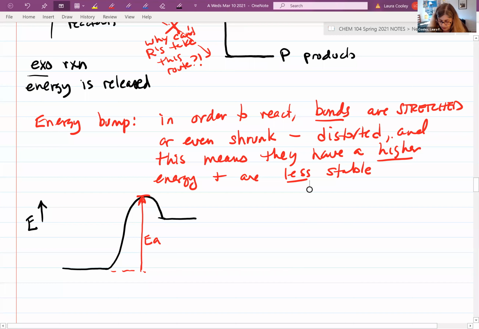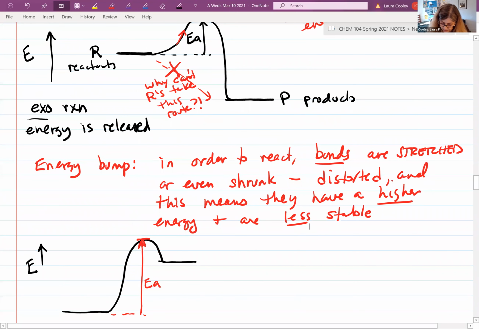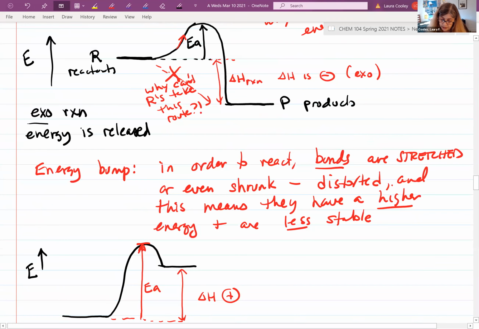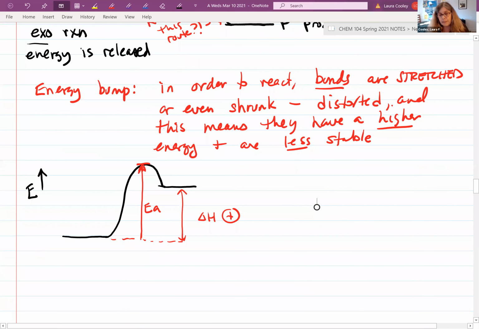Okay, now the other parameter on these curves is going from here down to here. That's the delta H of the reaction. Okay, and this delta H is negative because it's exothermic. The products have a lower energy. This delta H is positive, okay, because it's an endothermic reaction.